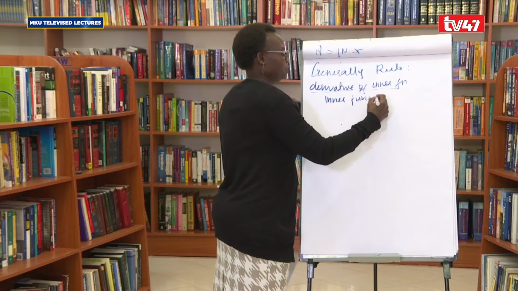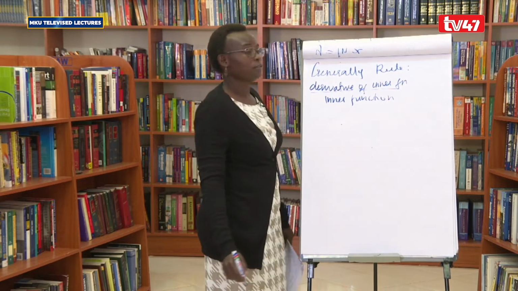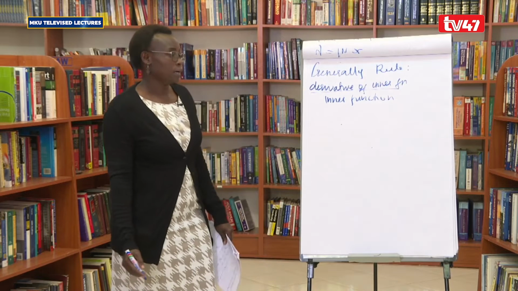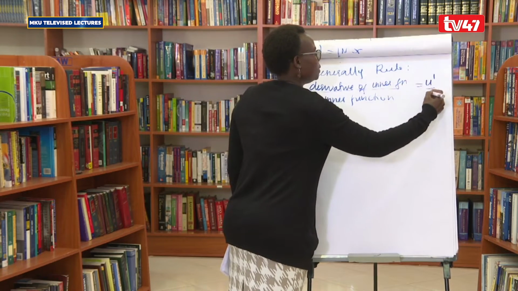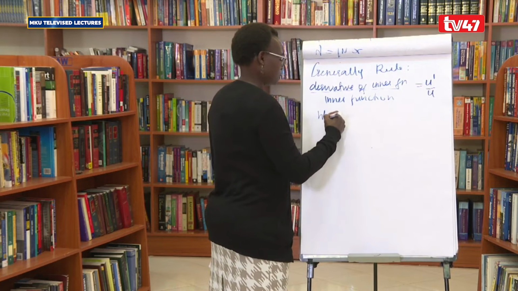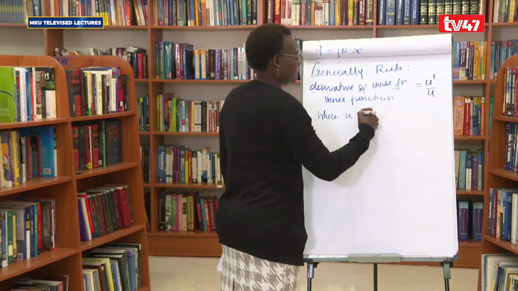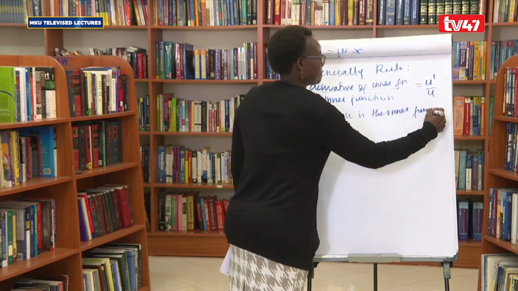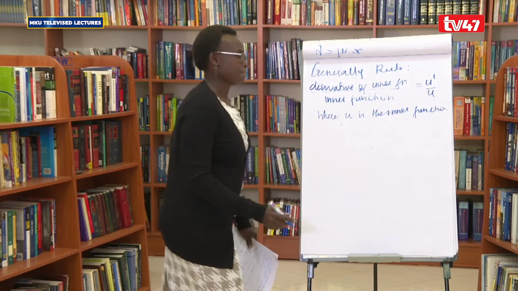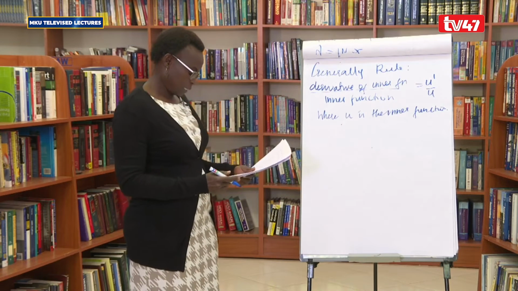So if we let this inner function be u, it implies that you're talking about u bar over u, where u is the inner function.